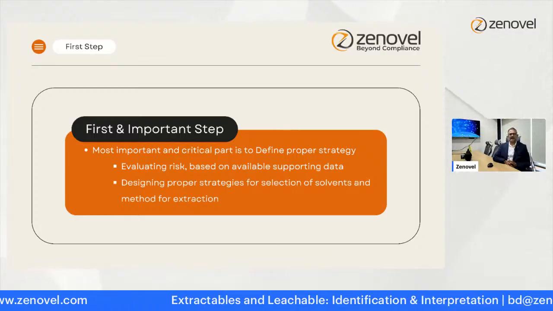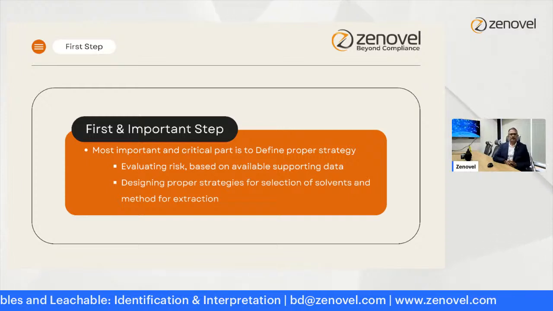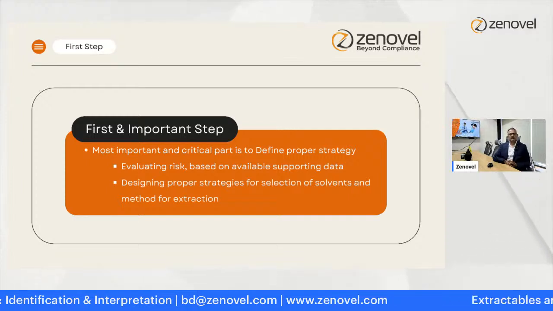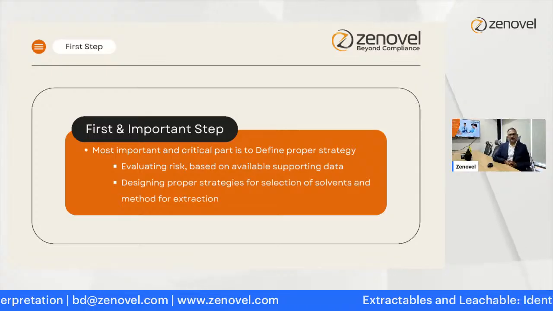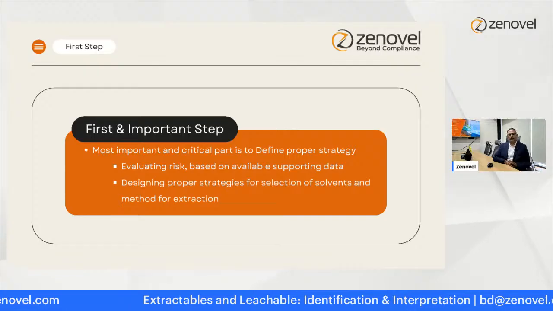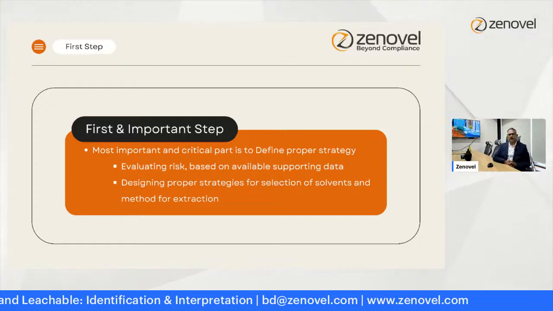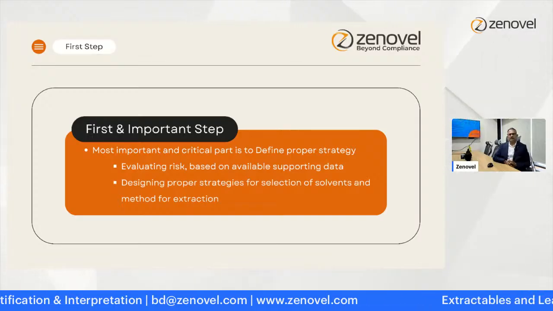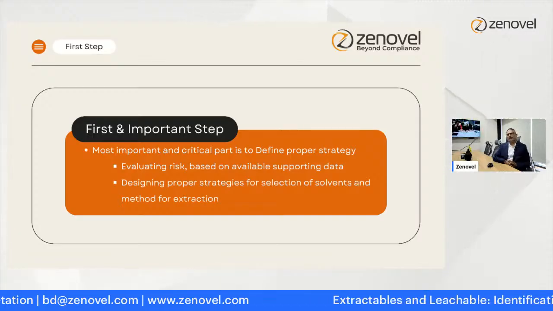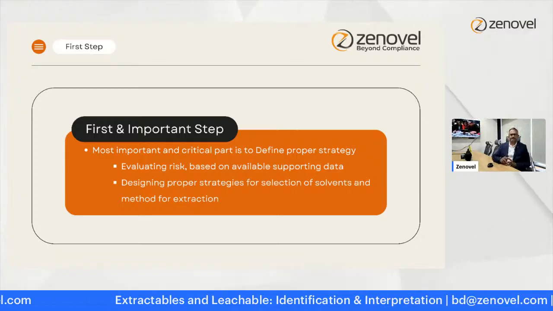That is the first step. The second is, after evaluating the COA of the materials, we have to design a strategy for the selection of solvents and the method for extraction. Based on the polarity of that particular CCS, we can choose different solvents with different polarity, and sometimes we can also use buffers and pH to identify potential extractables.